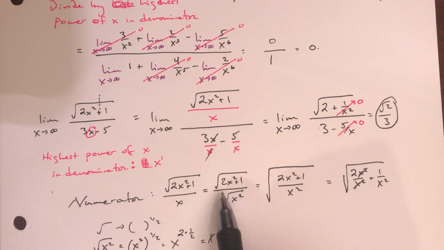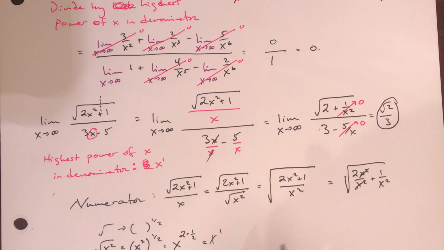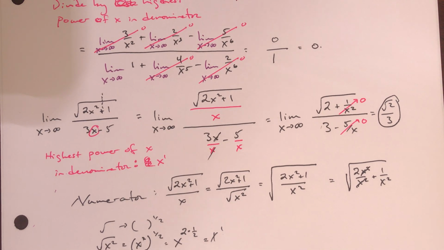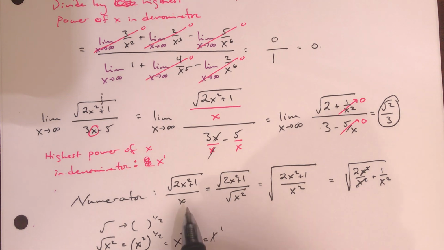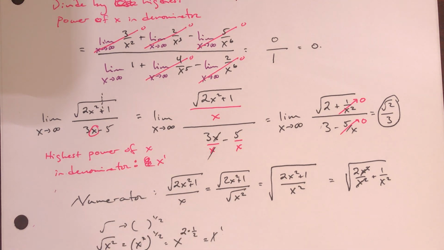Now, this trick of rewriting x as the square root of x squared, and then combining the numerator and denominator of our radicals together, may seem like a little bit of playing loose with the rules, but this is allowed, particularly when we are working with positive values of x.